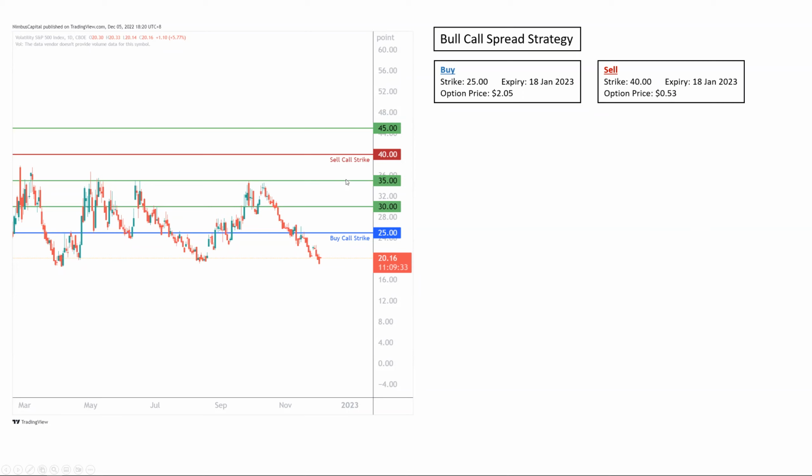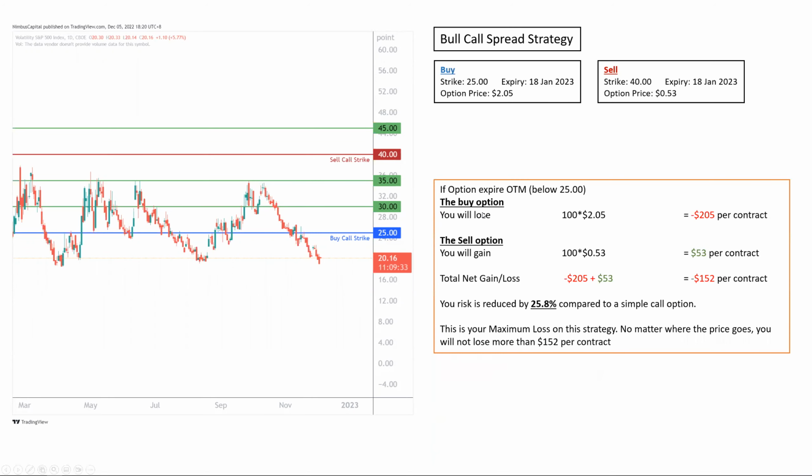Okay, if you sell at a lower strike price, then of course you are going to get a higher option price, because you are selling nearer to the current price. Okay, so now we are assuming a 1-to-1 ratio, meaning for every one call option we buy, we are selling one call option. So it is a 1-to-1.